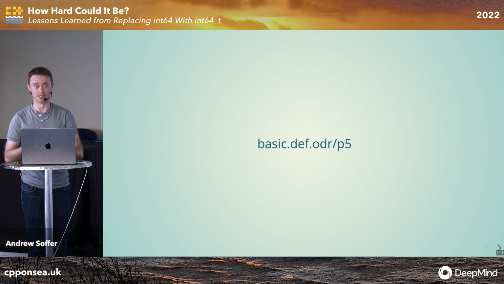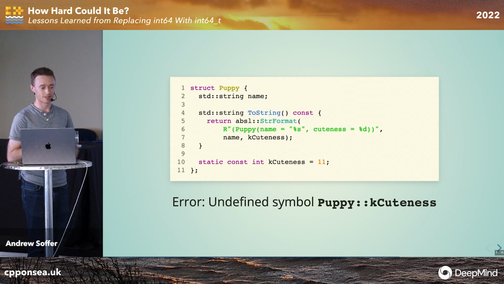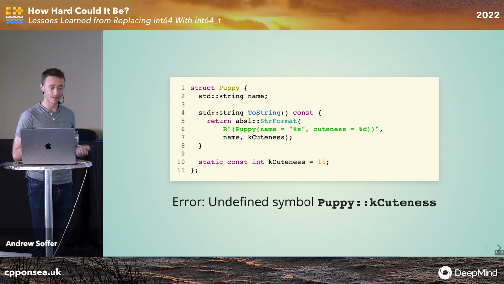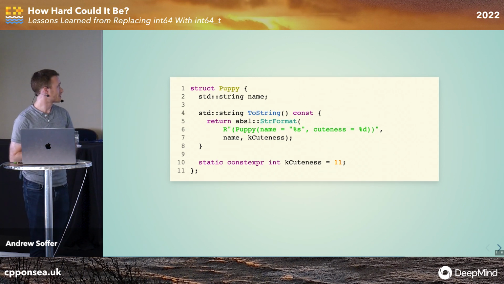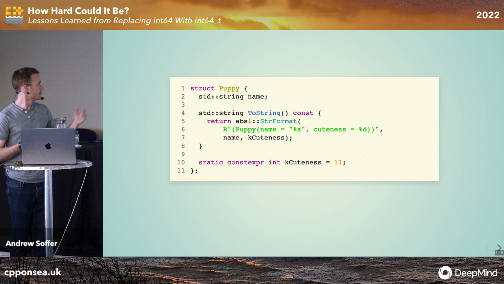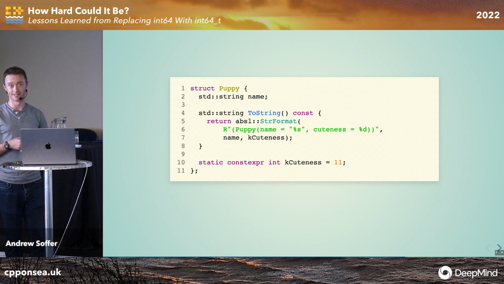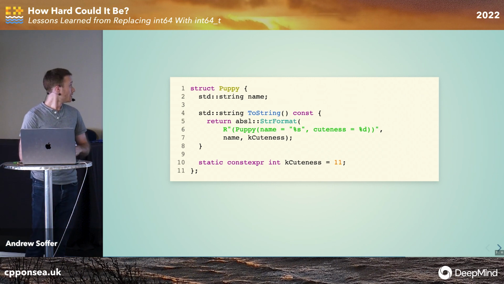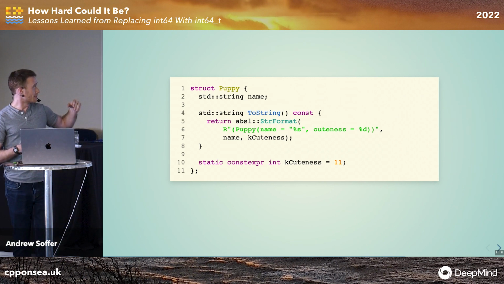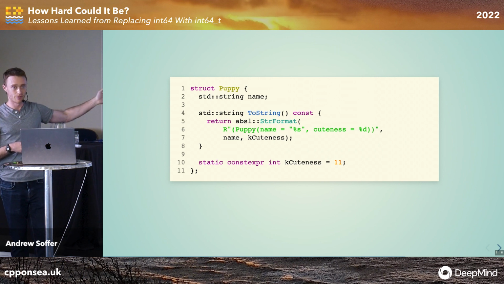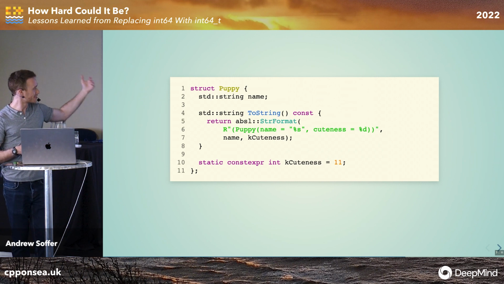But this actually gives us the solution. So here's the problem that we had again, and the solution was this: change static const int to static constexpr int. Now suddenly we have a definition, and everything works. This came up hundreds of times as we were doing this, and we're not going to do those by hand.